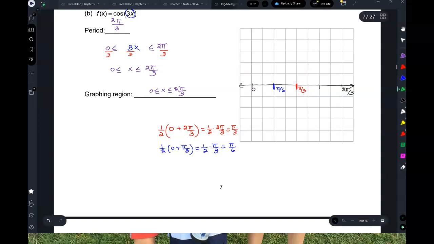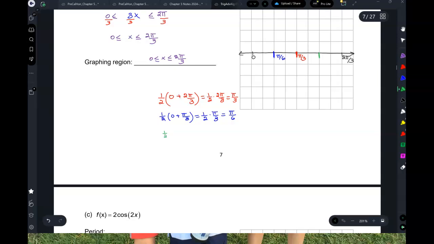Love it. Okay, this green one. Green one is halfway between pi over 3 and 2 pi over 3. So that's halfway to 3 pi over 3. How much is 3 pi over 3? 1 pi, right? So that's just pi over 2.